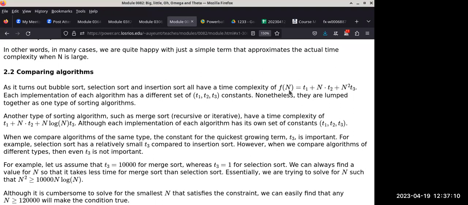All the constants, all the coefficients, are not as important. That is why we need to study the time complexity of algorithms, which, translated very loosely, is asking how the amount of time scales with the size of a problem. That is called the time complexity of an algorithm.